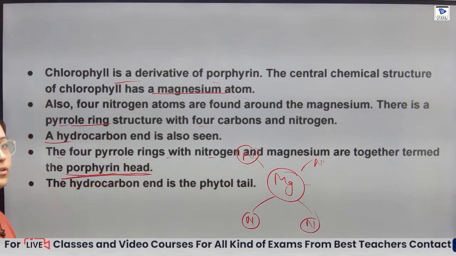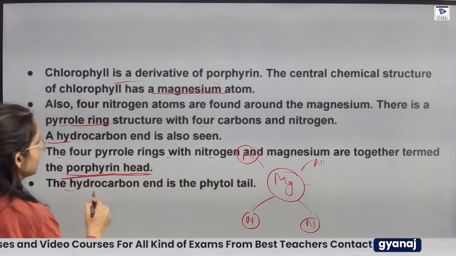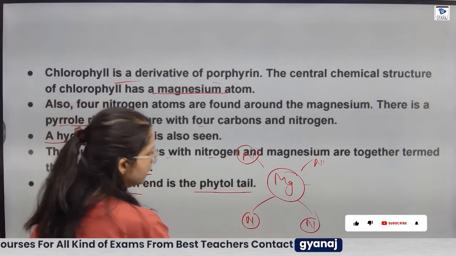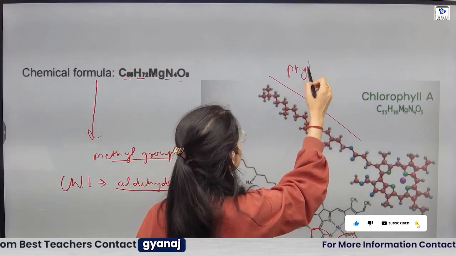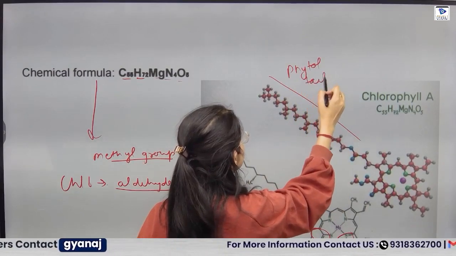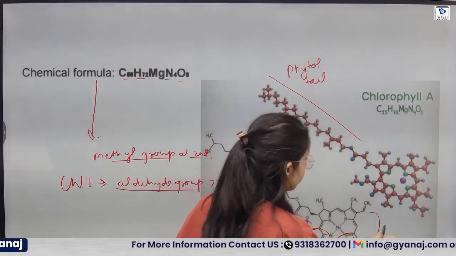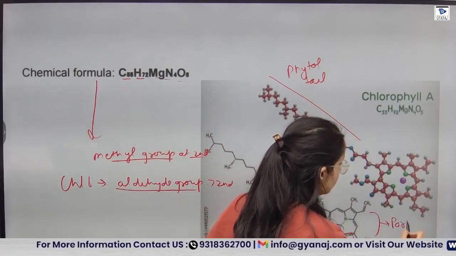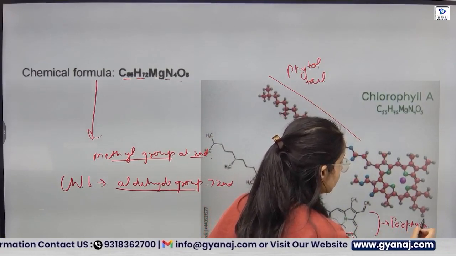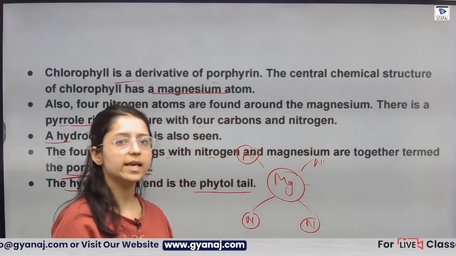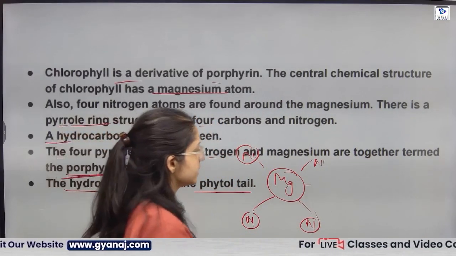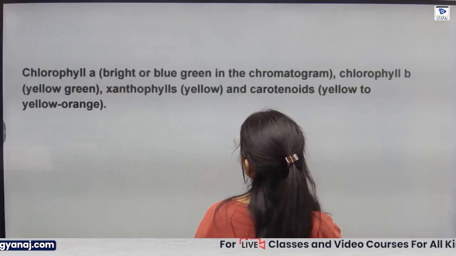The hydrocarbon end is the phytol tail. This is the phytol tail, and this is the porphyrin ring.